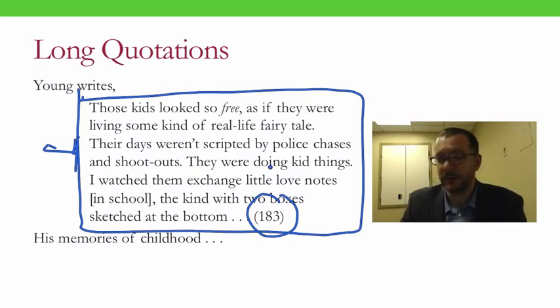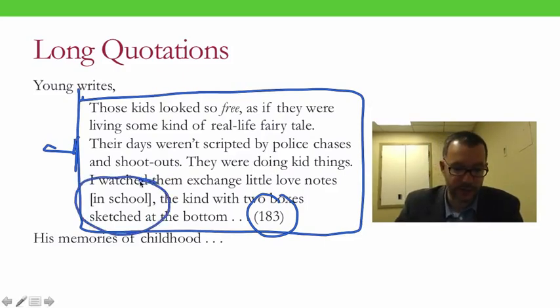There are 2 additional details that I'd like to point out in this example. The first is here with these brackets. If you add a word in a quotation, usually to provide some sort of context or fit a particular sentence structure, you put brackets around it to indicate that it's not part of the original text.